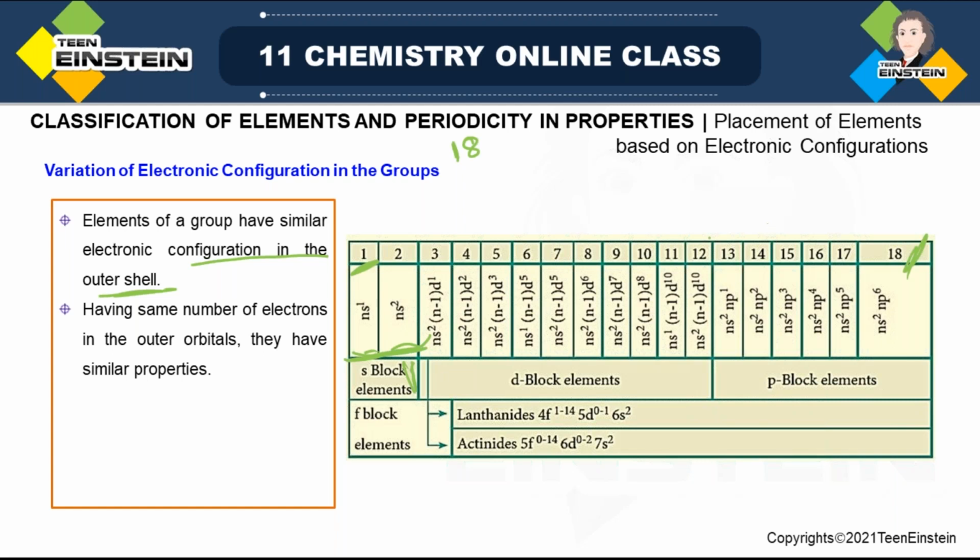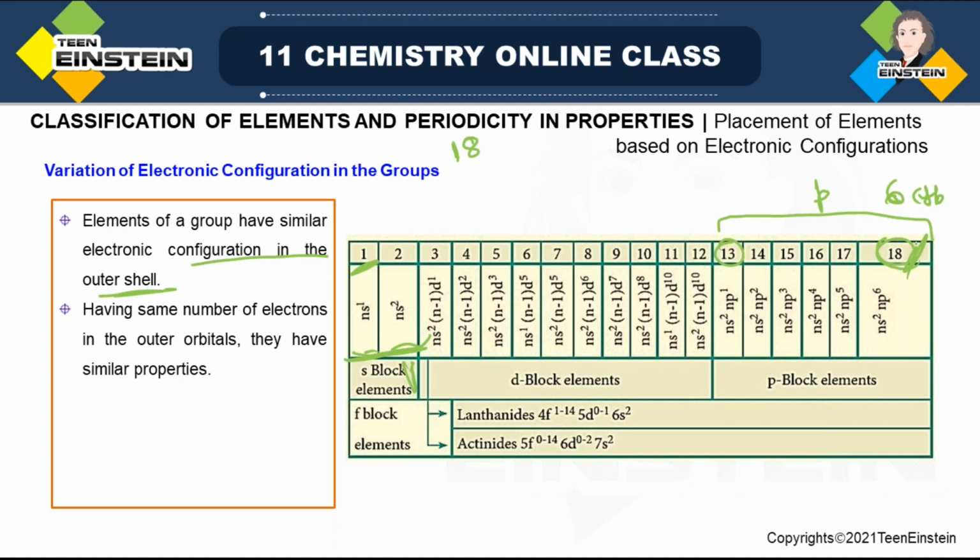Now after these two groups, just go to the right hand side, starting from this up to this part. This is actually the p block elements. Okay, how many groups are there? Total 6 groups, because it starts from 13 and ends at 18.